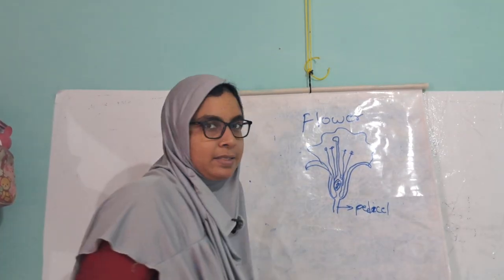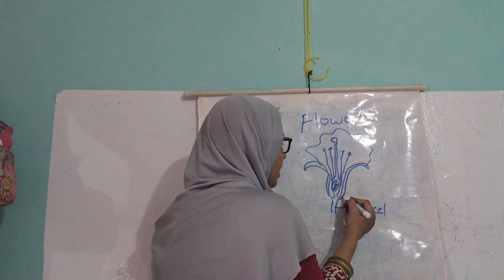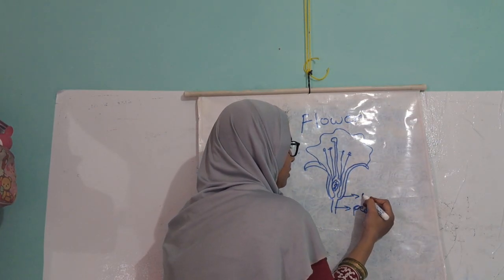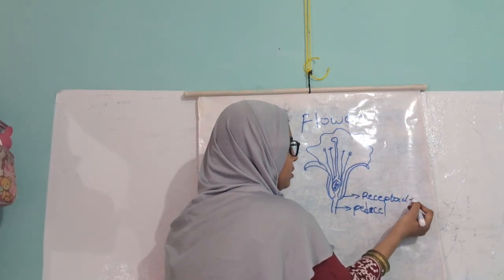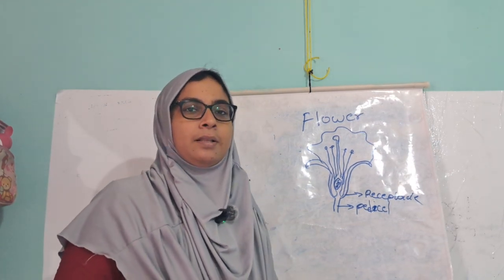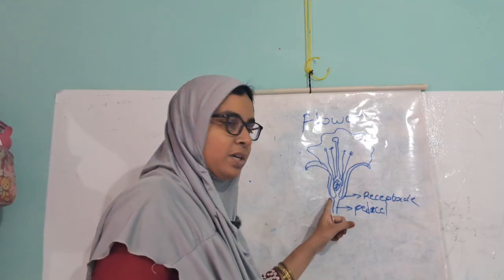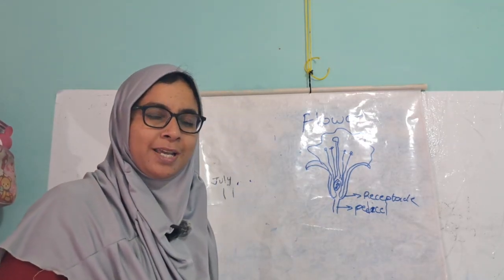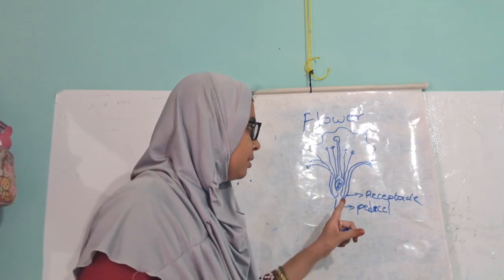Next is the receptacle. The receptacle is also called the thalamus. The thalamus is the swollen part of the pedicel.